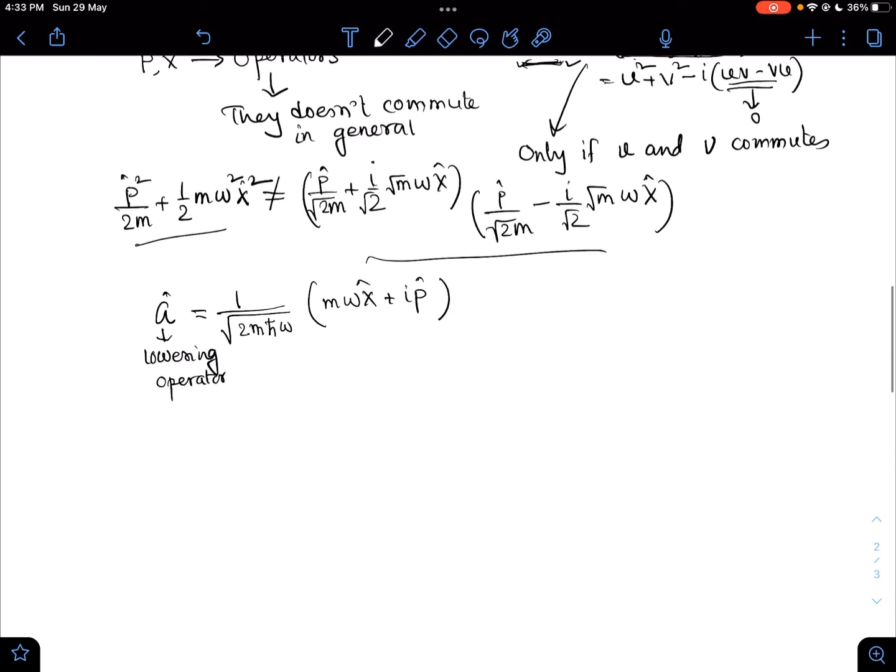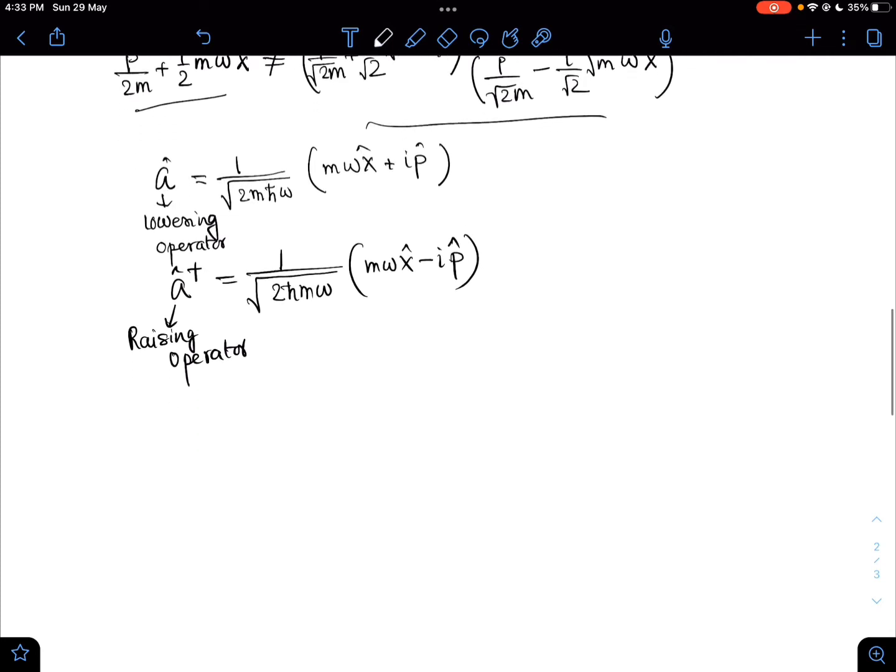And we are defining our raising operator, a dagger, as 1 by root of 2 h bar m omega, times m omega x minus ip.